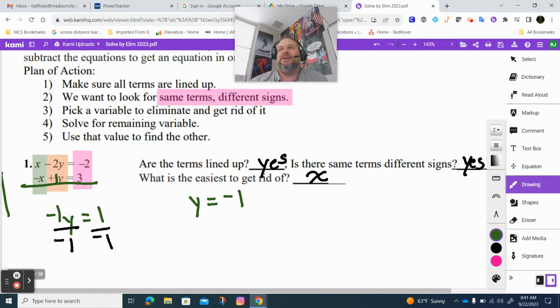You look for what's given to you. I would not want to graph any of these without using something online, and I don't want to have to solve for y.